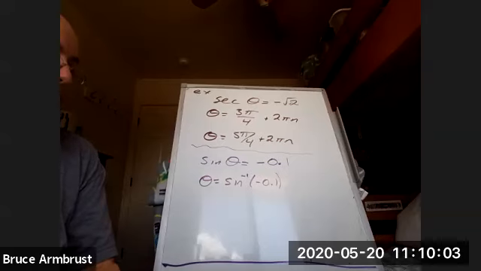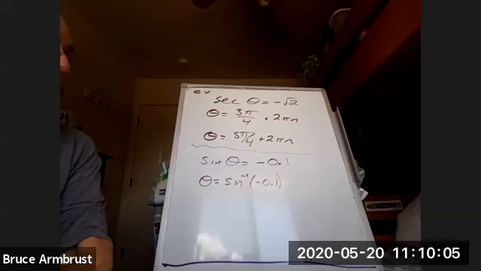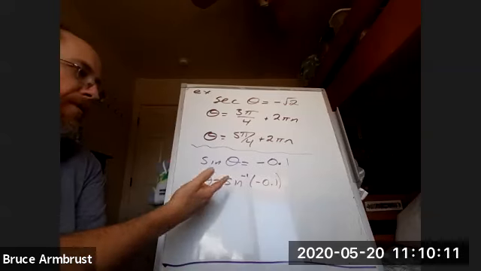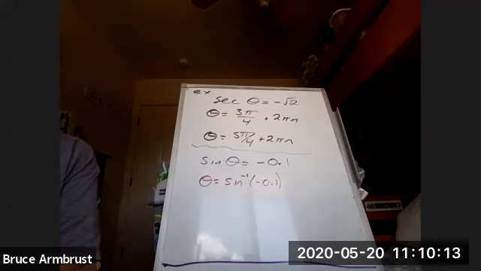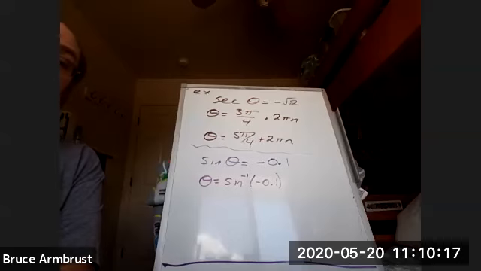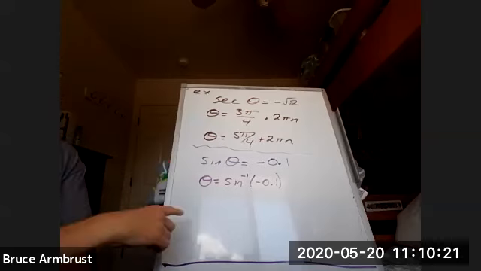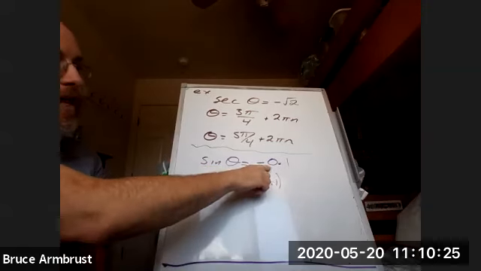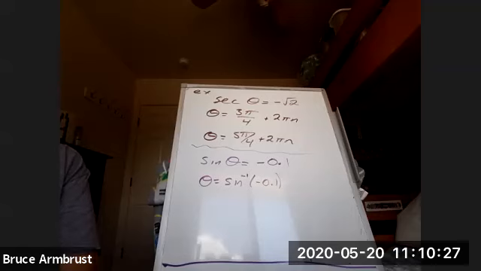All right, but now the question is, are there more in one period of sine that will do the same thing? And the answer to that is yes. We definitely have more, because let's think about sine. And let's think about what we're looking for. We're looking for an angle that gives us a negative sine.